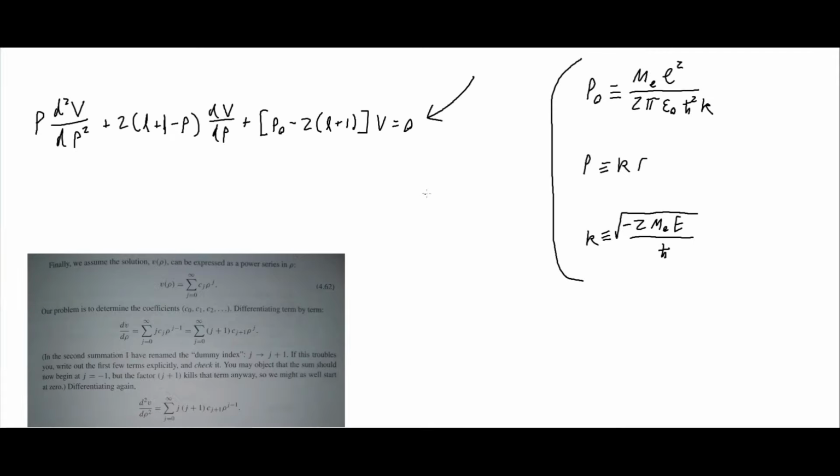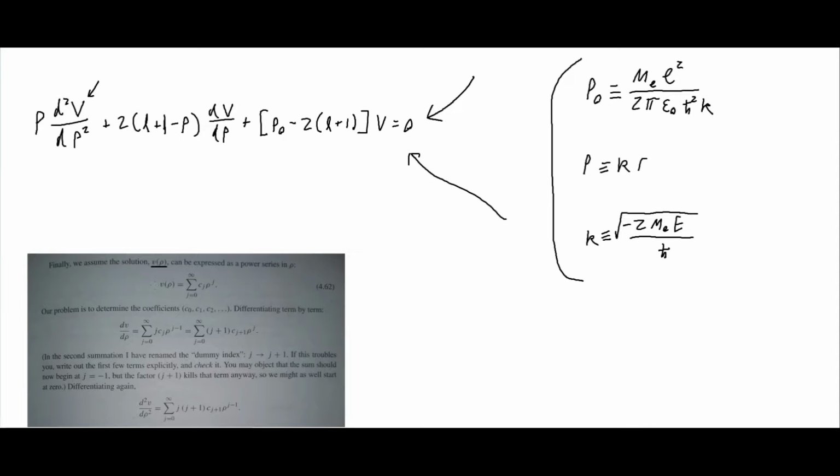To get into it, this starts right after we got this differential equation here, and it says that we assume a solution, so these v's here, which are a function of rho, and that's how we get this v as a function of rho right here, that we can solve as a power series.